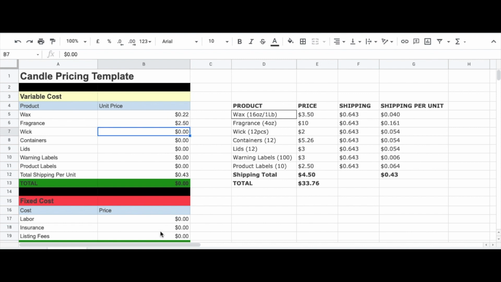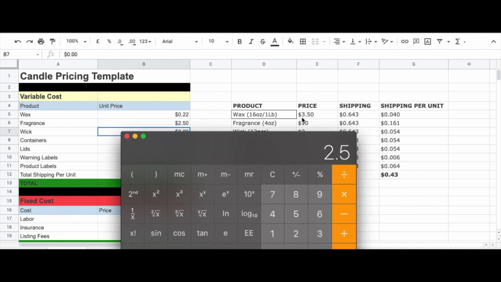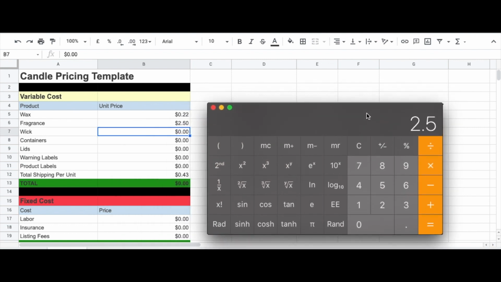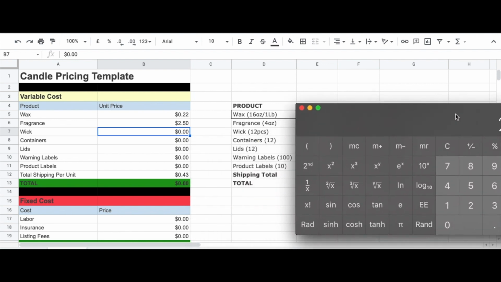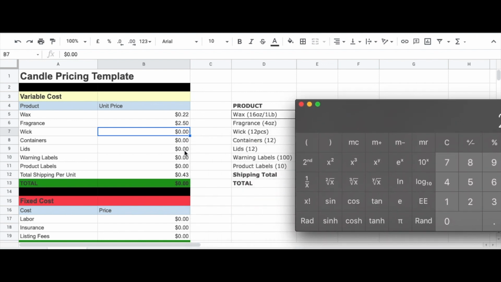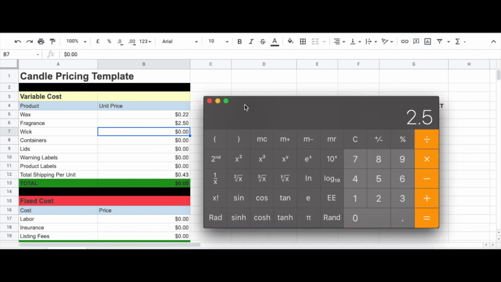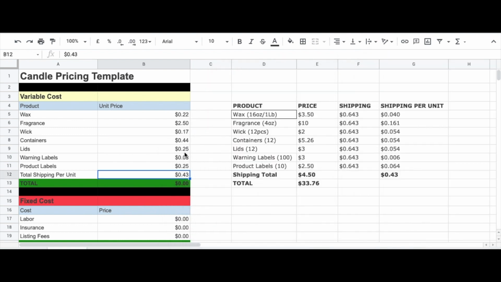So go ahead and repeat the same thing I've done. Fill up the spaces for wick, containers, lids, warning labels, product labels, and then we'll catch up from there. Check yours to see if it matches with mine. My sum total is now 4.29.